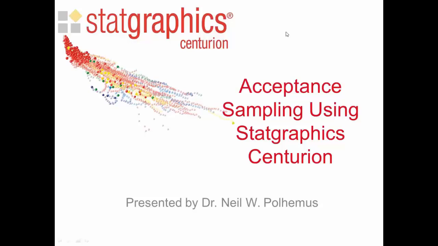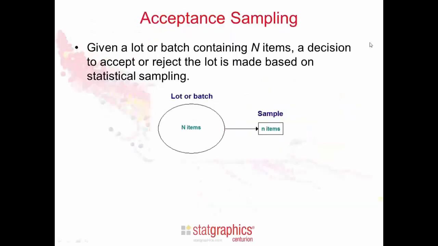Today's topic is acceptance sampling. The situation is this. Let's suppose that we've produced a lot or a batch of capital N items. We wish to make a decision about whether to accept or reject the lot based on a statistical sample.